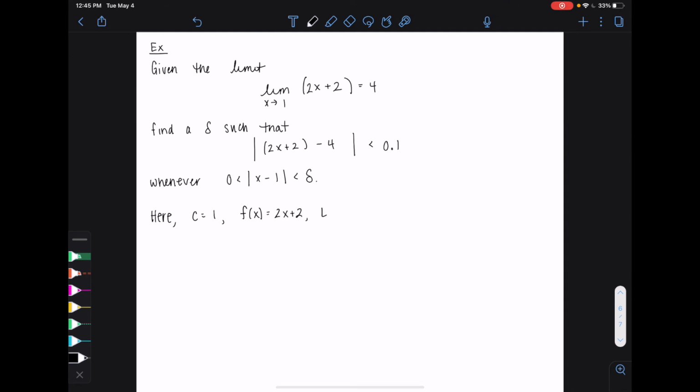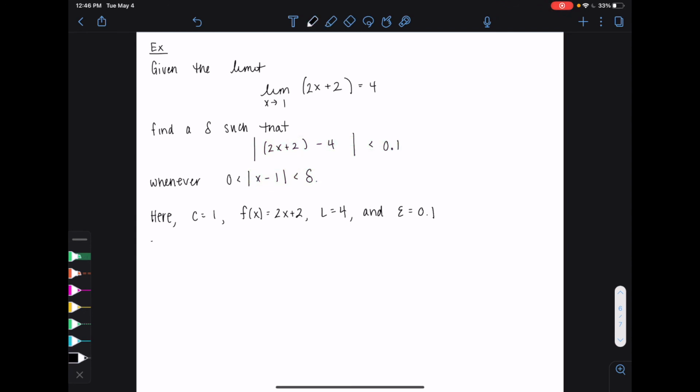My limiting value is 4. And this epsilon is 0.1 because that's the difference between my function and my limiting value. Okay. I need to establish an inequality like this, but I'm already given an inequality. So I want to find a connection between these two. That's going to be our goal.